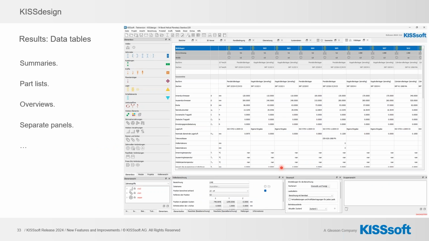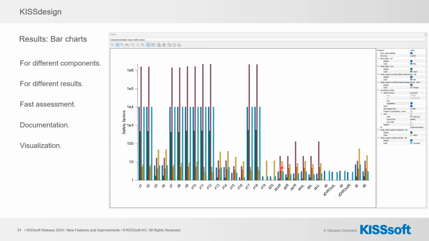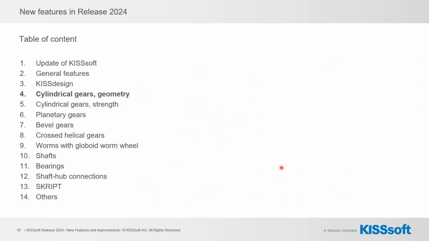The result data tables, bar charts which are available within KISSdesign module, and many more. So this was a really reduced number of slides, and now I would like to continue with KISSsoft machine element features.